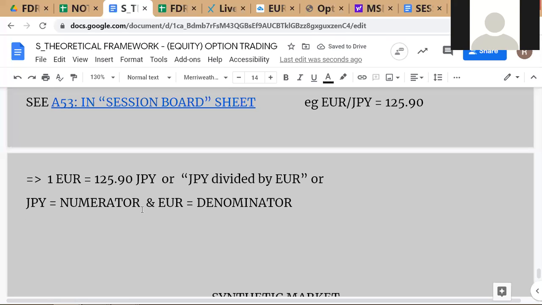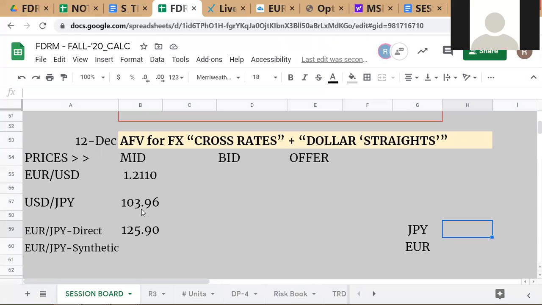So this is how you write it mathematically. So 125.90 means that it is JPY divided by euro. Although we write it in such a way, okay, it looks like euro divided by JPY. But this thing you have to remember here, this stuff that we are writing, this is not a division sign, okay? This thing here is not a division sign. This is just a label. Okay, so it's just a label to indicate that euro is the base currency here. This is not a division sign.